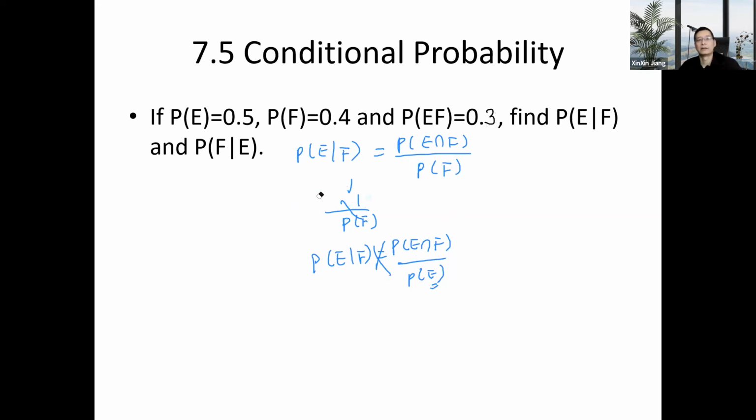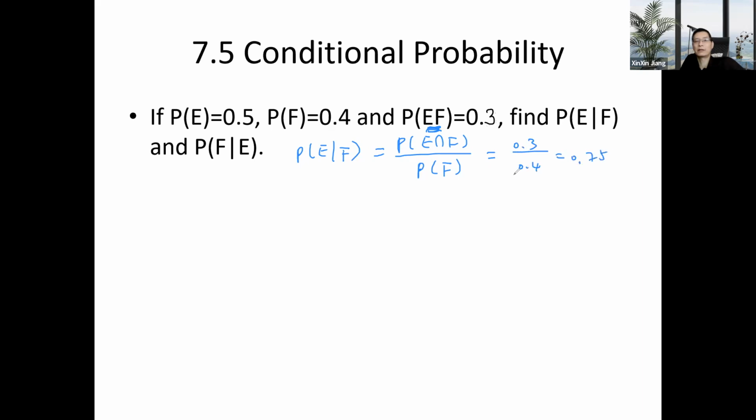Anyway, we go back to this example. We try to figure out this conditional probability. And this is the intersection. Sometimes people don't put this intersection sign there, but it's the intersection. So 0.3 over 0.4, which is 0.75. And the probability of F given E, you do the same thing. The intersection and a union, you can change the order of these two sets.